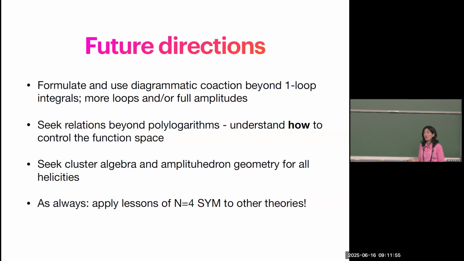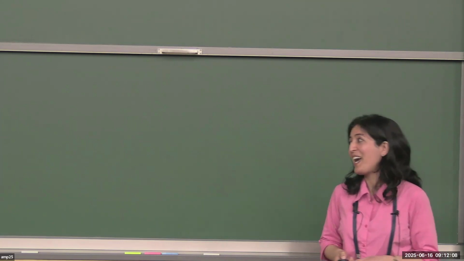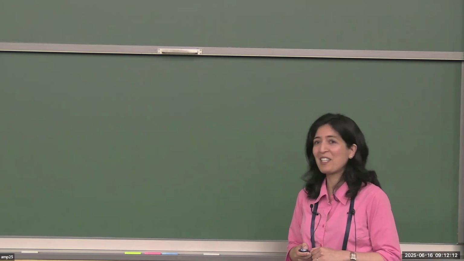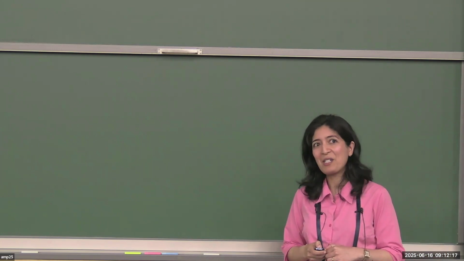Also, of course, cluster algebra and amplituhedron geometry are very interesting. If we could find a way to extend these lessons, preferably in a way where we don't have to do every helicity sector separately, that would be fantastic. And as always, for all of us, our job is to apply all these lessons we learn in N=4 super-Yang-Mills to all the other theories of interest.